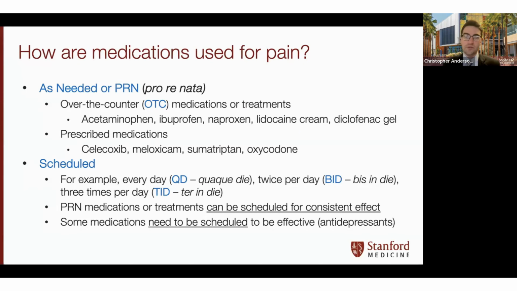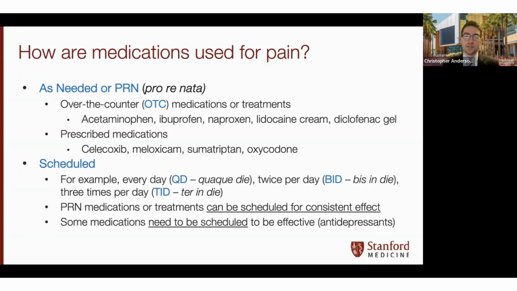The most commonly used PRN medications are actually over-the-counter medications, which we also call OTC medications, like acetaminophen or ibuprofen or naproxen for oral medicines, and then lidocaine or diclofenac gel for topical application. Topical application meaning applied to the skin.